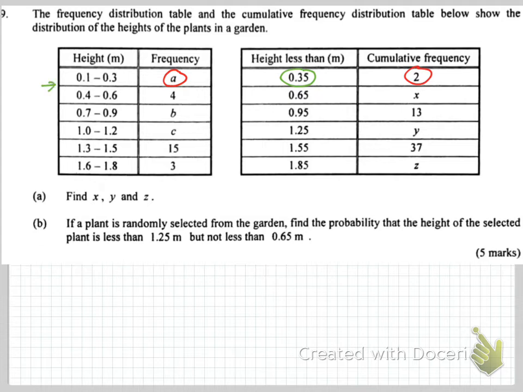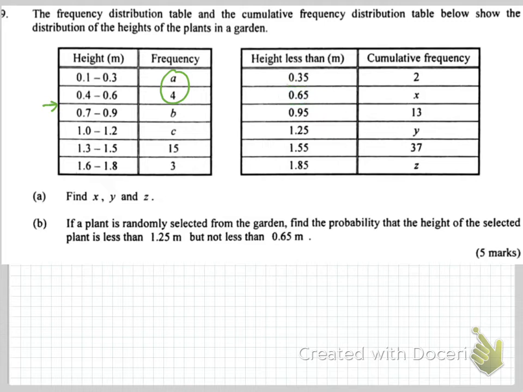We know that. Now, for all the numbers beyond, the cumulative frequency works like this. For example, what is the cumulative frequency for heights less than 0.65? So 0.65 will be here, pointed by the green arrow. Everything together less than 0.65 will be these two numbers added together.